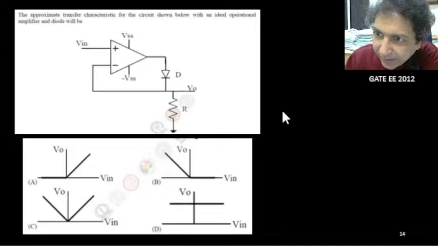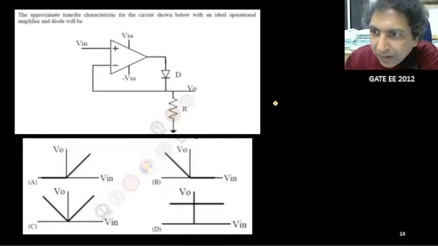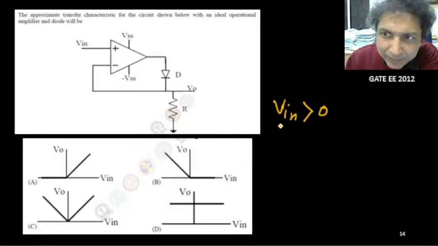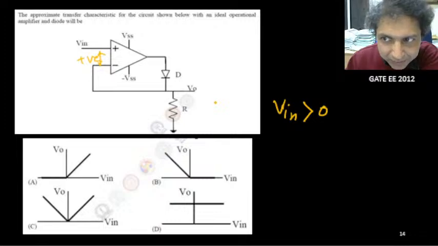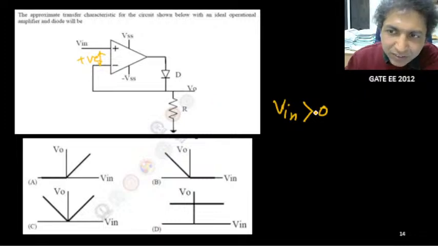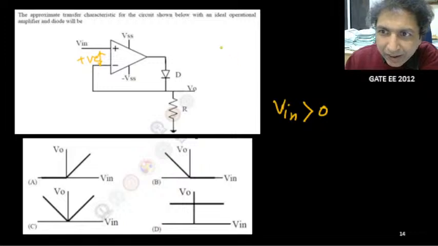Whenever Vin is positive, somehow for some reason it is positive, and then what is the output?